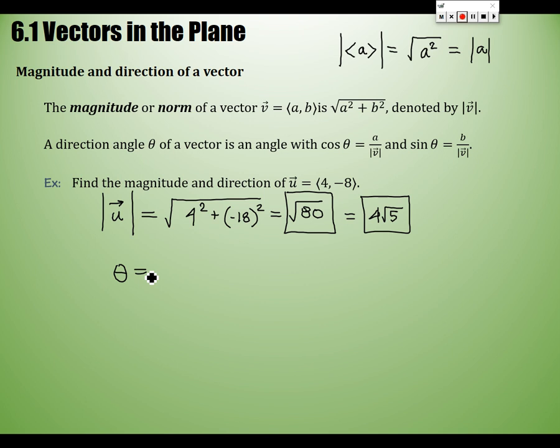So whatever you get, make sure that the answer you're reporting is in quadrant 4, because the vector lies in quadrant 4. So use your calculator. It doesn't specify. You can give it in radians or degrees. You can give me a positive or a negative angle.